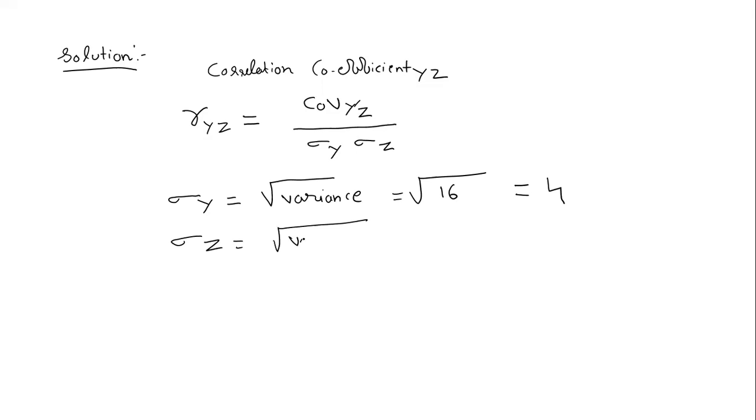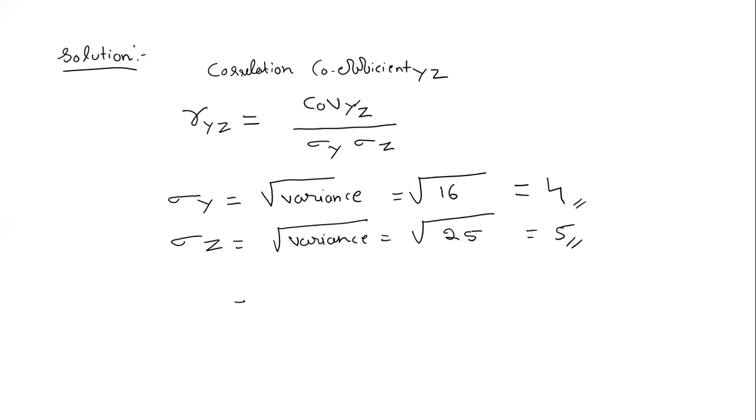Variance is 25, so the square root of 25 gives 5. So risk, that is the standard deviation, of security Y is 4 and of security Z is 5.